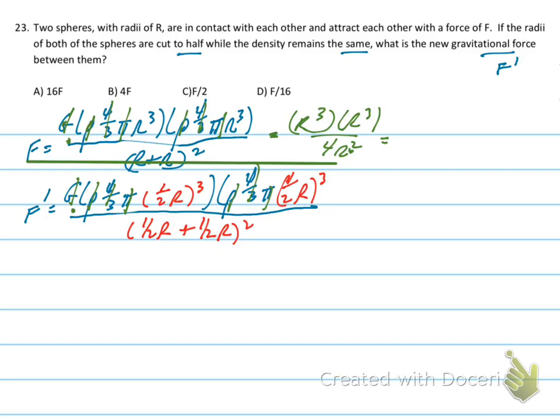In the denominator, we have 1/2 cubed is 1/8 times r cubed times 1/8 times r cubed. 1/2 r plus 1/2 r is 1r. 1r squared is just r squared.